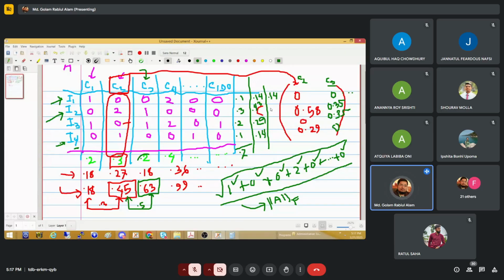So it will be 0.14 plus 0.43 is 0.57, and 0.57 plus 0.29 is 0.86. And then we will get here 1.